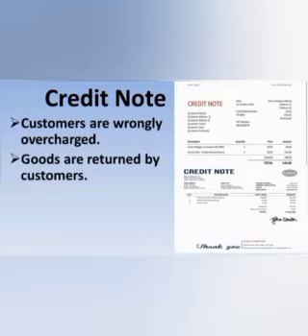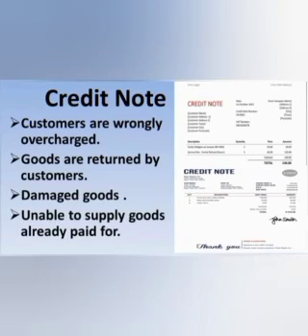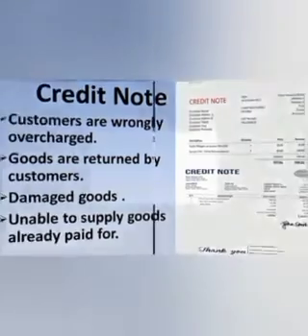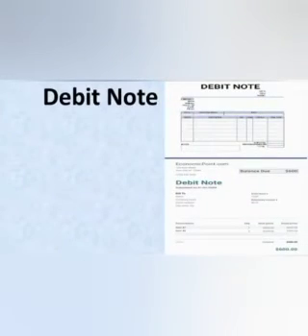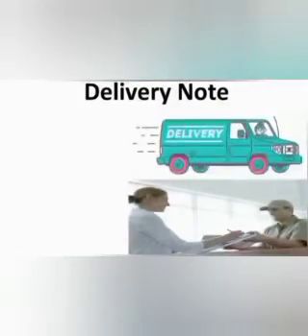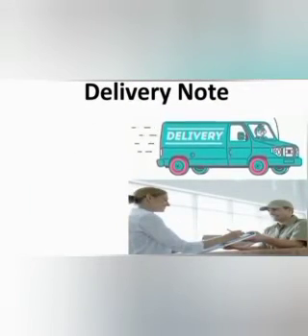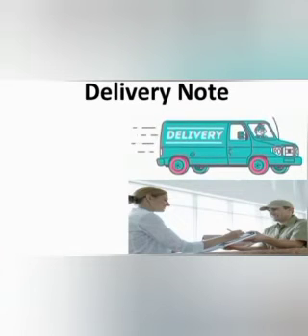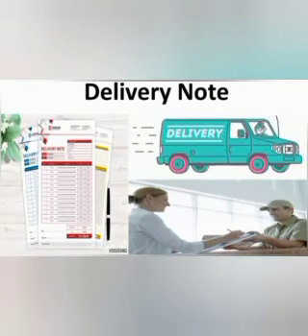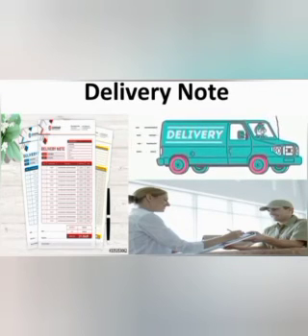It could be as a result of damaged goods or some goods not being packaged in the course of packaging the customer's goods. We have the delivery note, and this is sent along with goods to a buyer. The buyer is meant to sign on the delivery note to show that the goods were received in good condition.